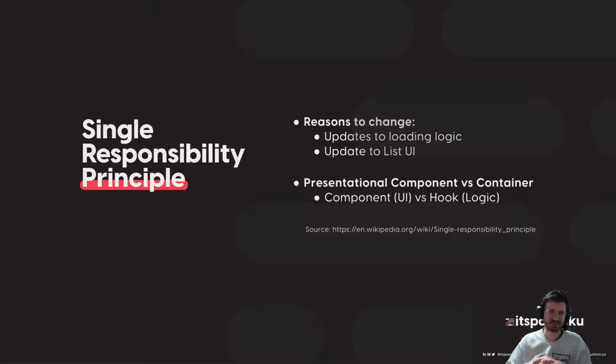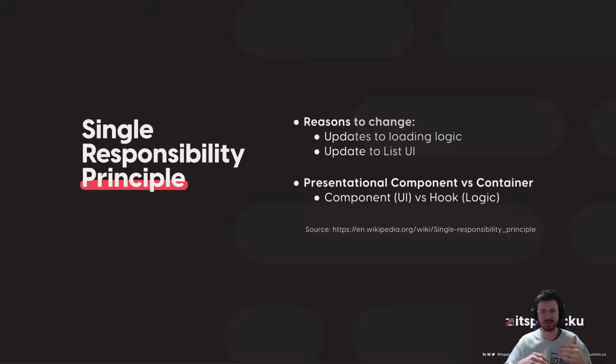So let's take a look at the single responsibility principle. The easiest way to summarize this one is reasons to change. We look at a component and want to see what are the reasons for this component to change. Let's say you have a long component with some logic and some UI. If you have to update how the data is being loaded, that's a reason to change.